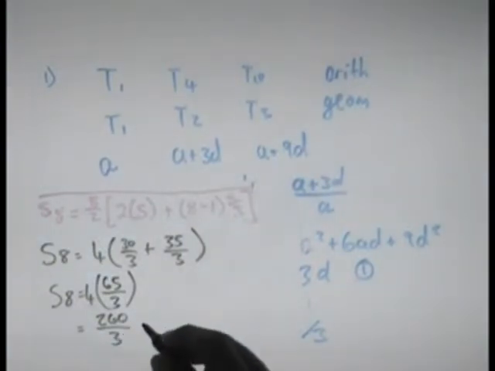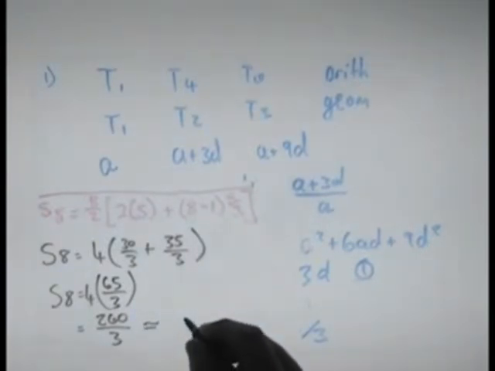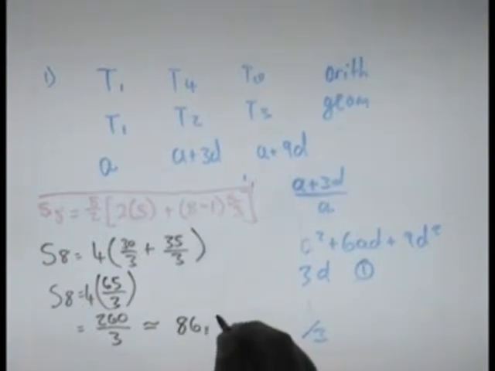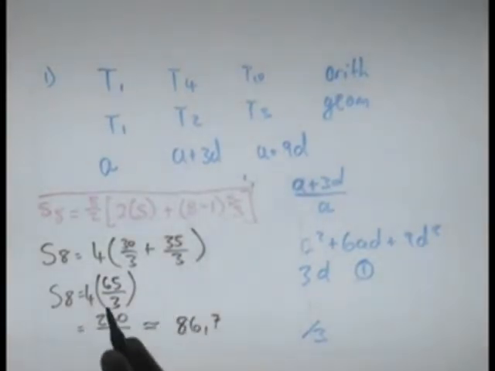If you want to simplify that further, you can. 260 divided by 3 is equal to 86.66 recurring, or just 86.7. That is the sum of 8 terms of this series.